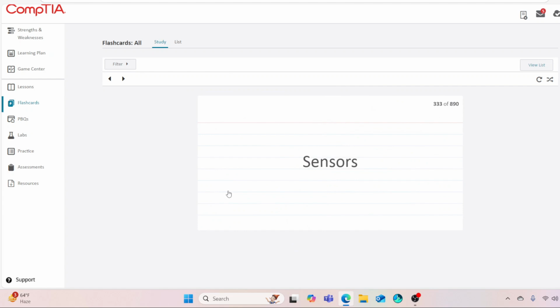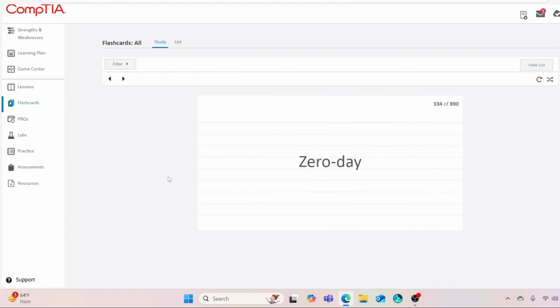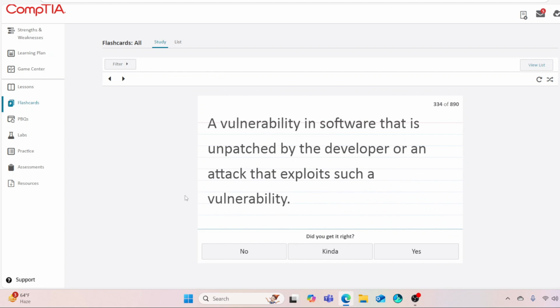Sensors. A component in an alarm system that identifies unauthorized entry via infrared, ultrasonic, microwave, or pressure-based detection of thermal changes or movement. 0-day. A vulnerability in software that is unpatched by the developer or an attack that exploits such a vulnerability.